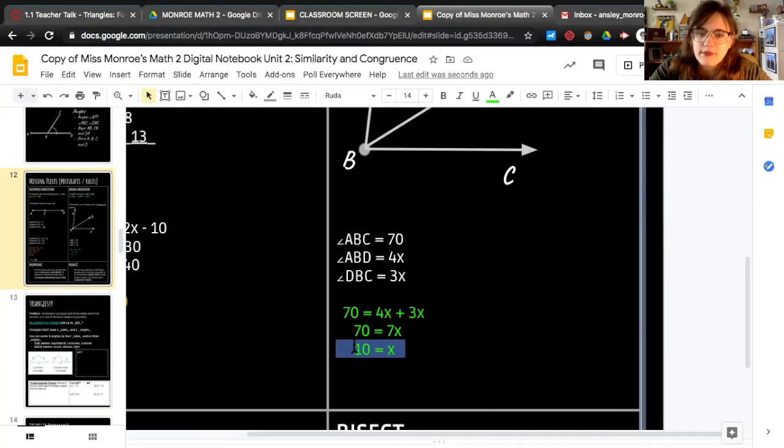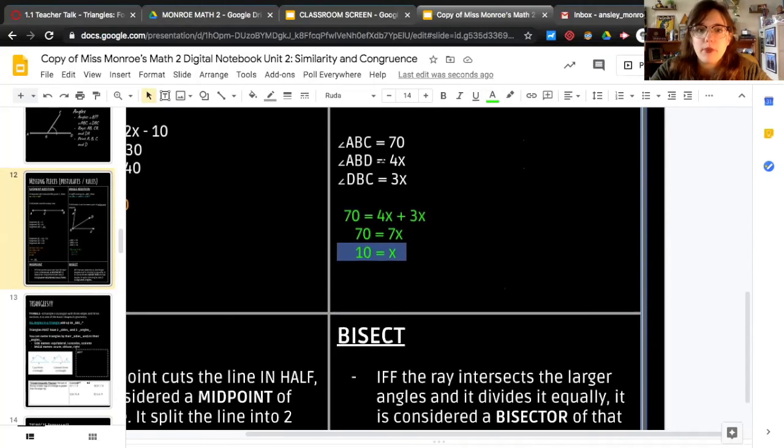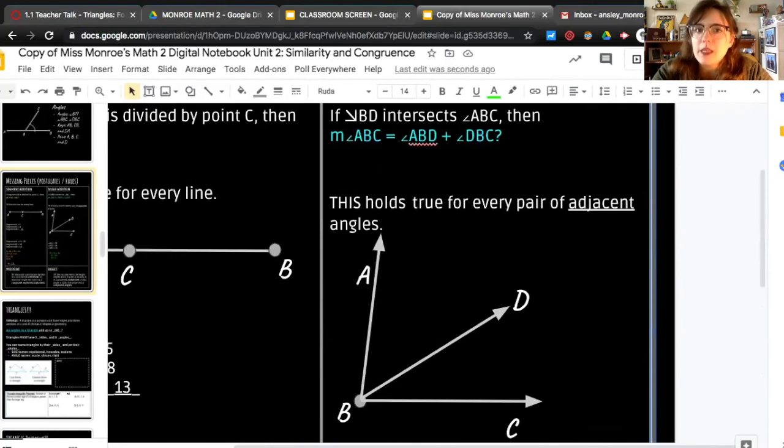So I'm taking the facts from the picture and putting them into numbers. I'm taking geometry and turning it into algebra. That is the idea behind how you can use that theory to find out missing parts, not just the whole angle. Also, if you have one part and the whole, you can subtract to find the other. Again, you're manipulating these formulas to work for you.